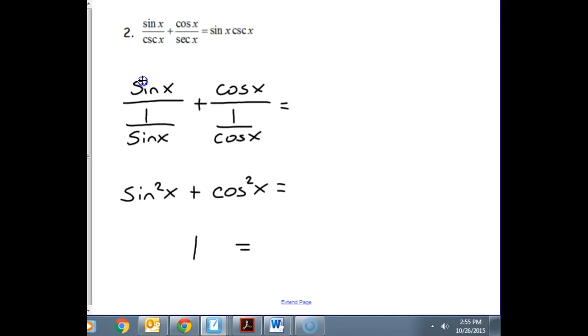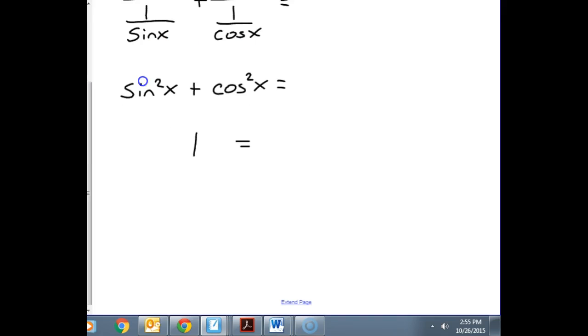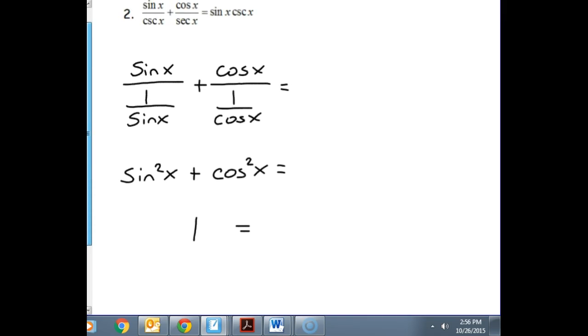Well, let's kind of look back over, look at the right side. Sine x times cosecant x. Well, those two are actually reciprocals, right? That's an identity. So I can technically replace 1 with that statement.